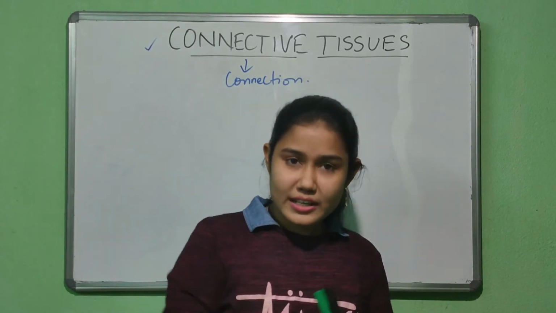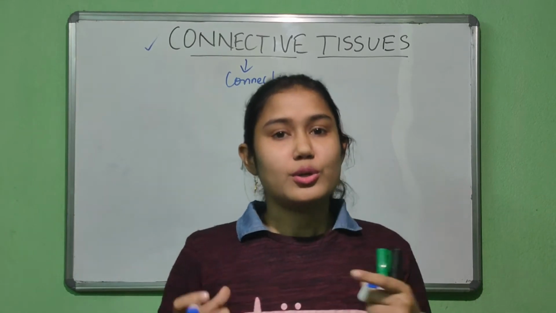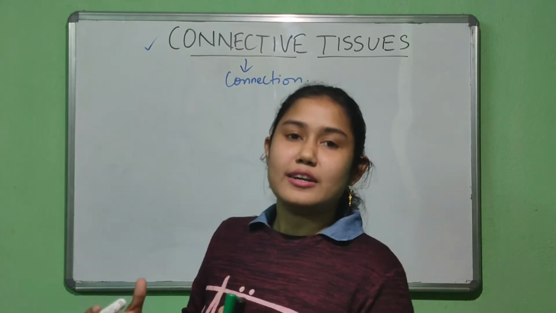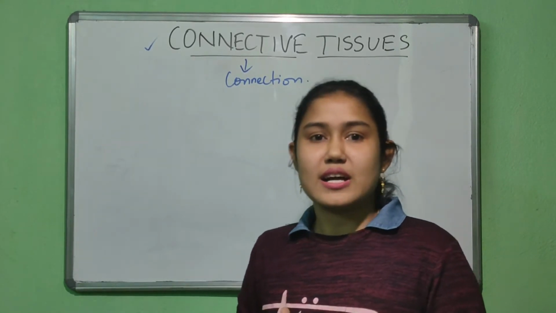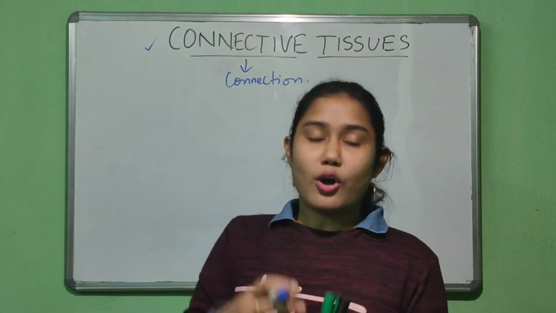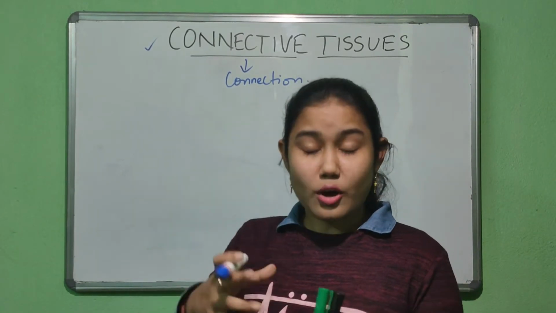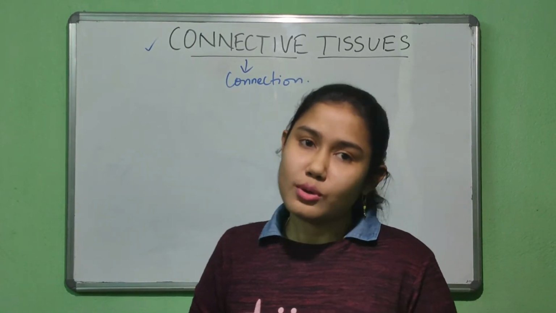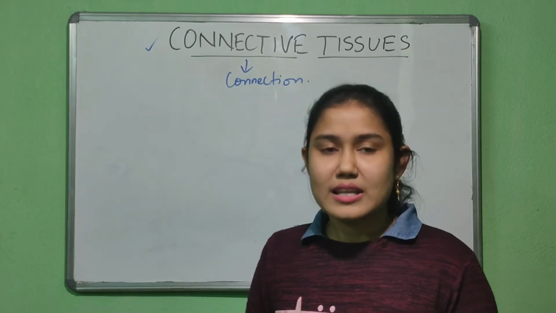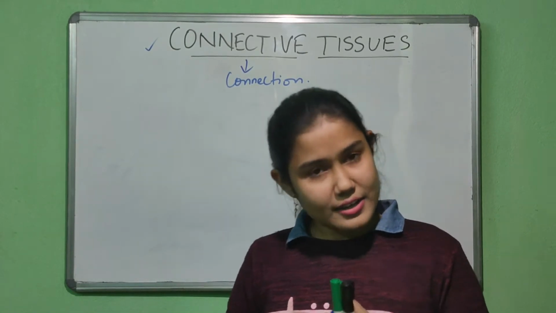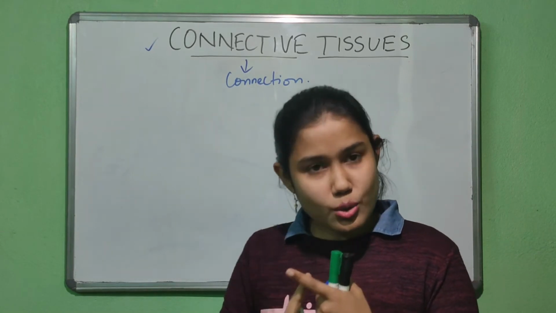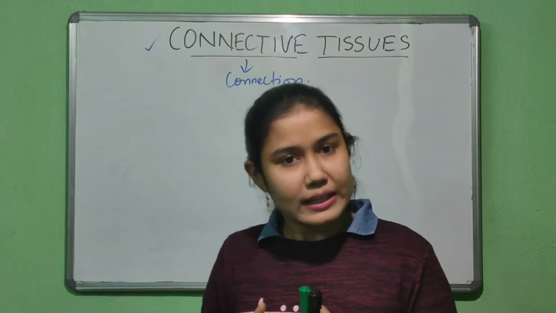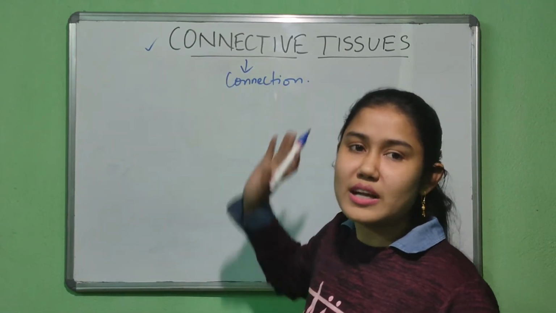The various connective tissues bind together in organs, and they also store energy reserves as fat, and they boost our immunity against various microorganisms or disease causing organisms. Clear? What are their functions? They support our body and its organs, they store energy reserves as fat, and they boost our immunity. So these are the functions of the connective tissues.